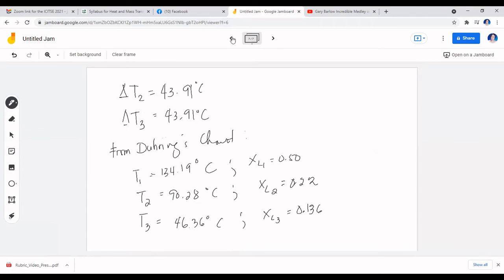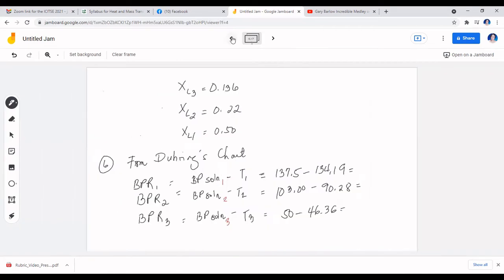Now you have the 3 BPRs. So can you get the 3 BPRs? We have 137.19 minus 134.19. Oh, this is 5, not 19. So you have 3.31 here.